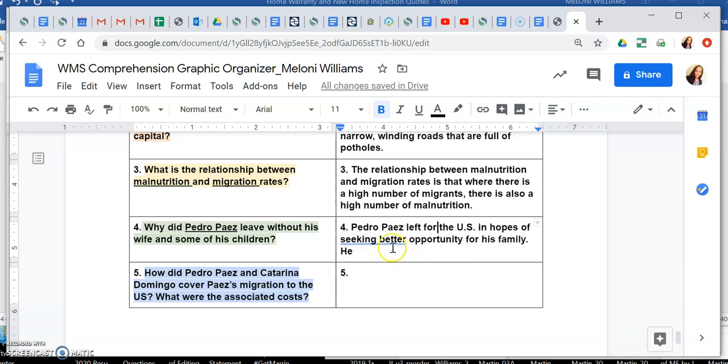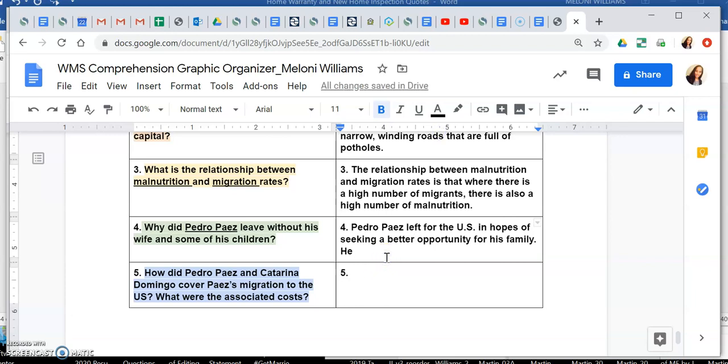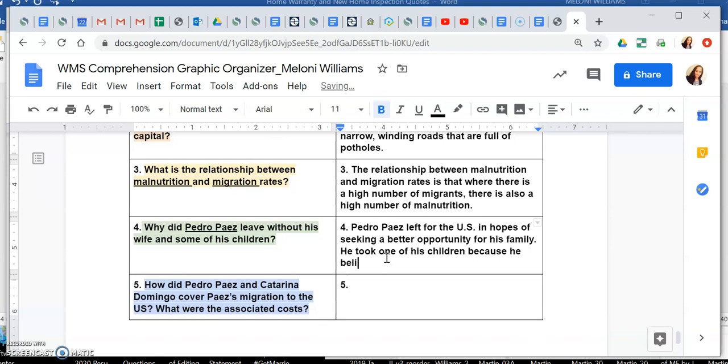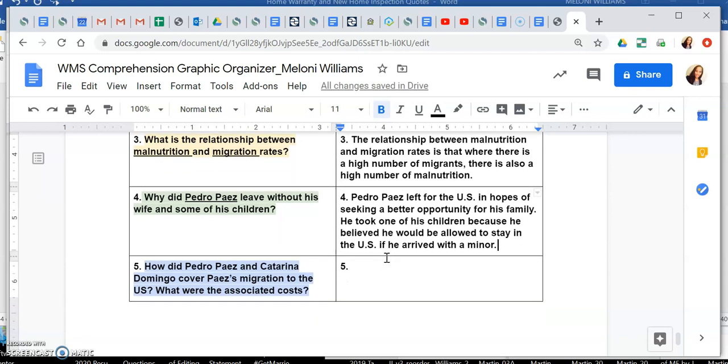He took one of his children because he believed he would be allowed to stay in the U.S. if he arrived with a minor. Okay, so I've got my answer to question number 4.